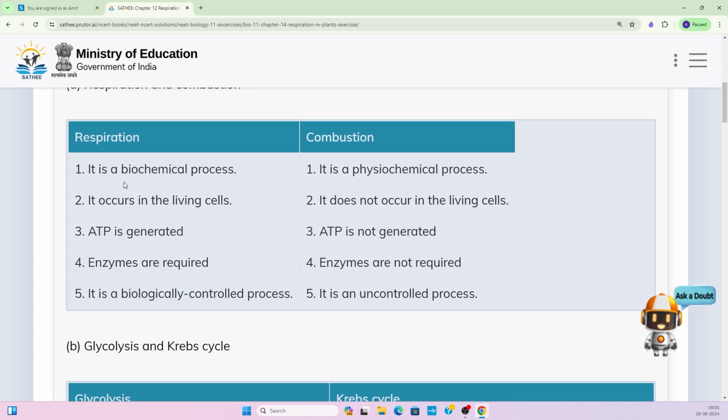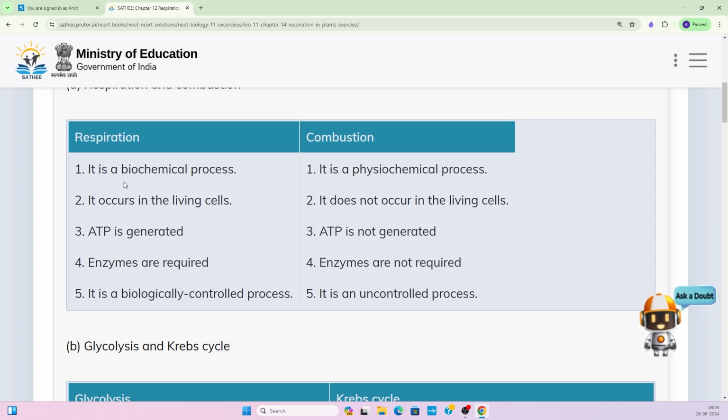The third difference is that ATP is generated. In cellular respiration, the biochemical energy currency is synthesized, and energy is generated in the form of ATP, whereas ATP is not generated in the combustion process.